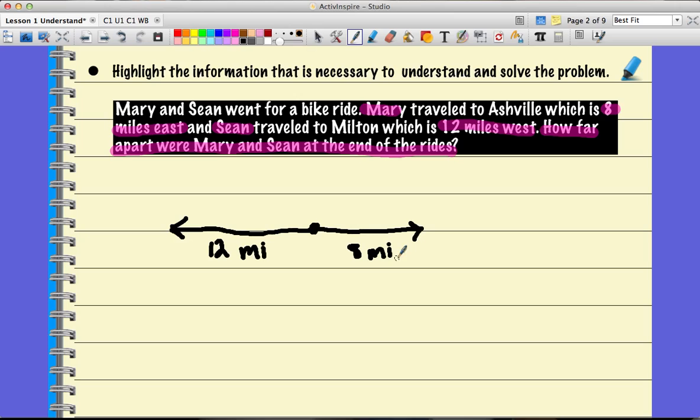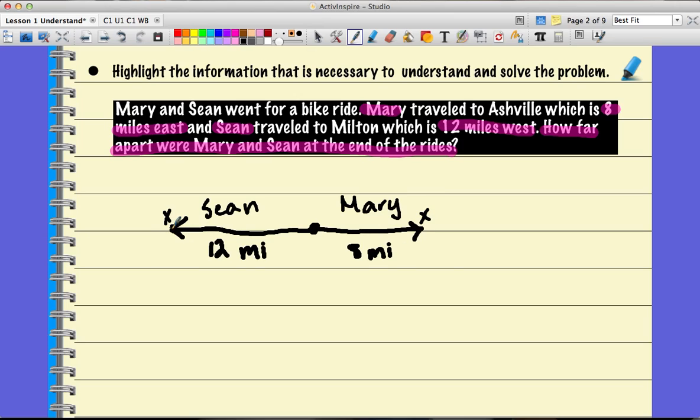Notice I'm drawing a picture. This helps me visualize what's going on here and why we're going to actually add these two together. We're going to add Mary's distance of the 8 miles east, and we're going to add Sean's distance of the 12 miles west, because now Sean is here and Mary is here.